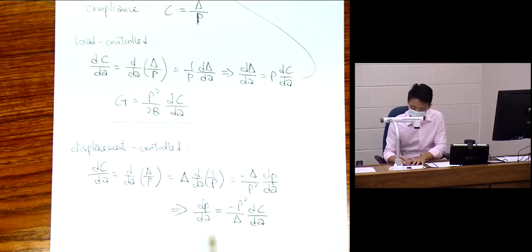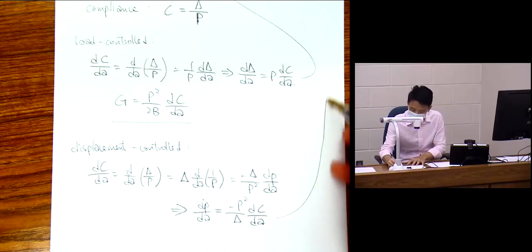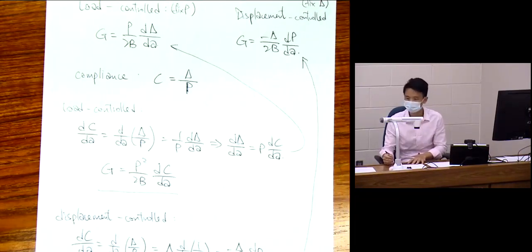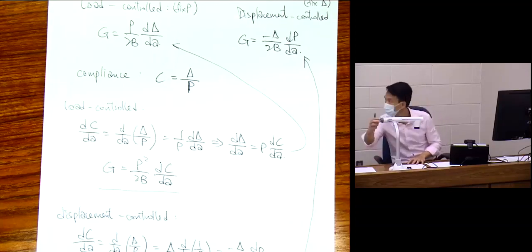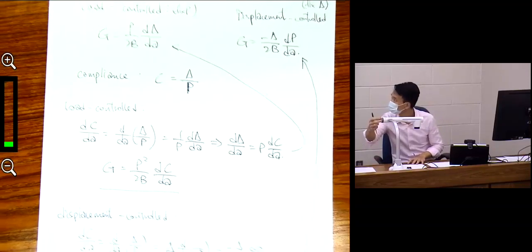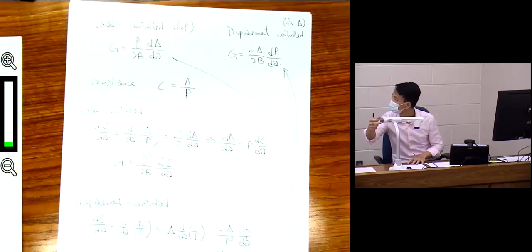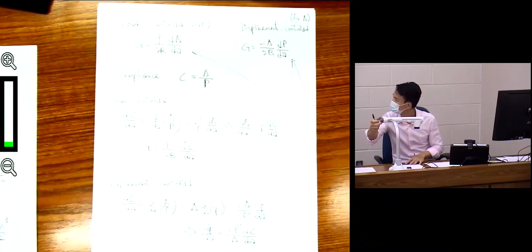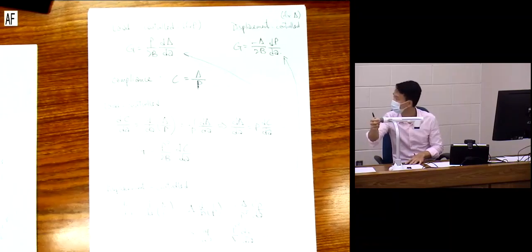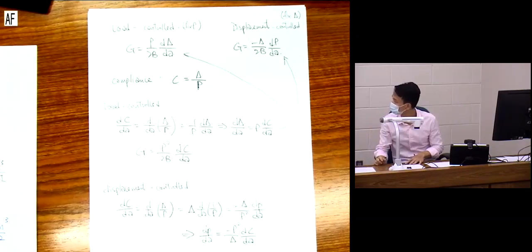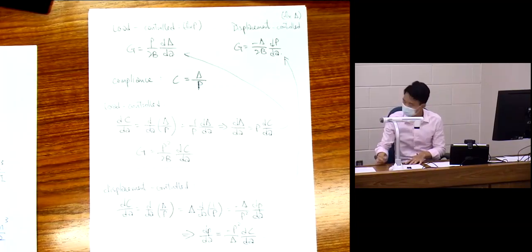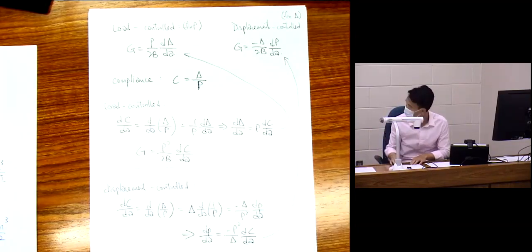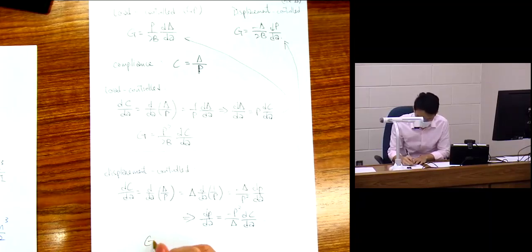Now what you want to do is you substitute this one over here. Okay, so you substitute this over here, and in the end you will also get the same result.